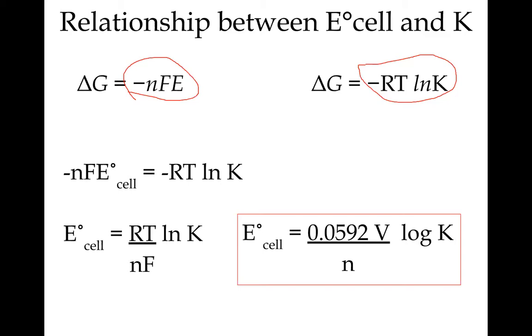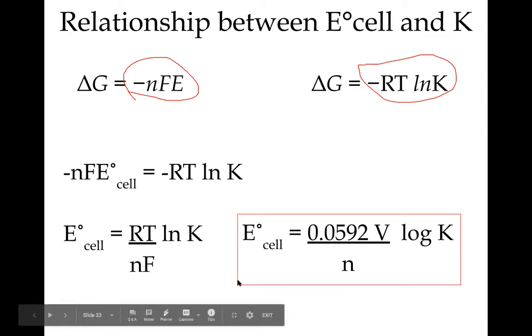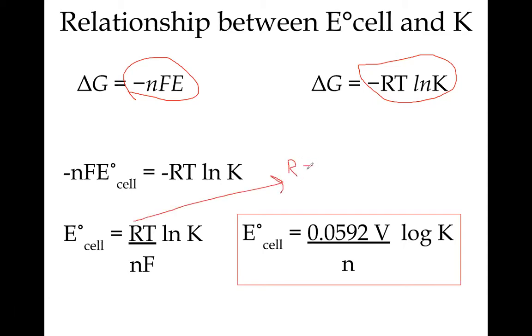Well, first, we know that the R constant is equal to 8.314 joules per mole times Kelvin.